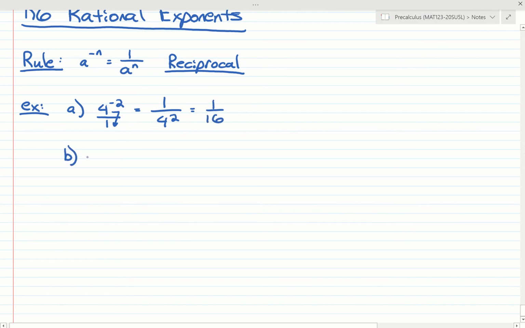What about if we had a problem like 2/5 to the negative third power? Now what we could do is one of two ways. We could take the reciprocal, make it 5/2, and then to the third power, which would be 125/8.